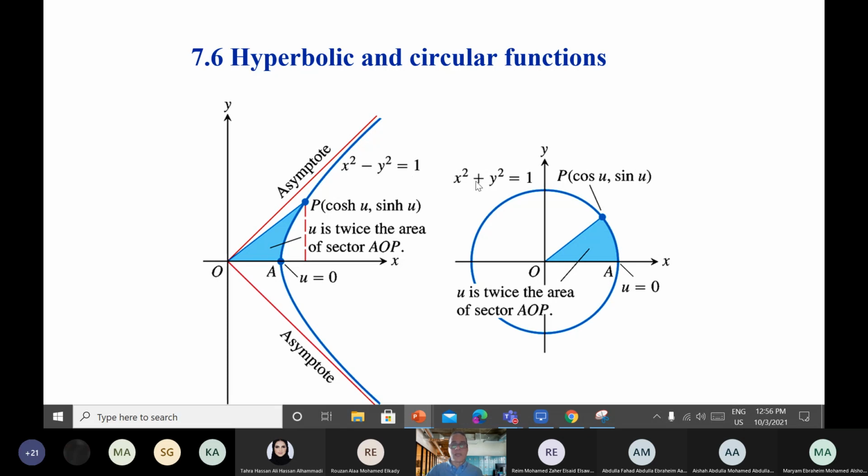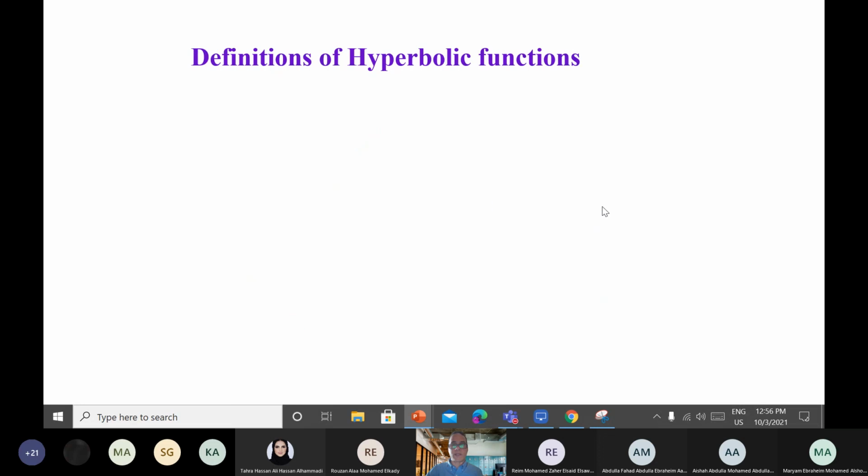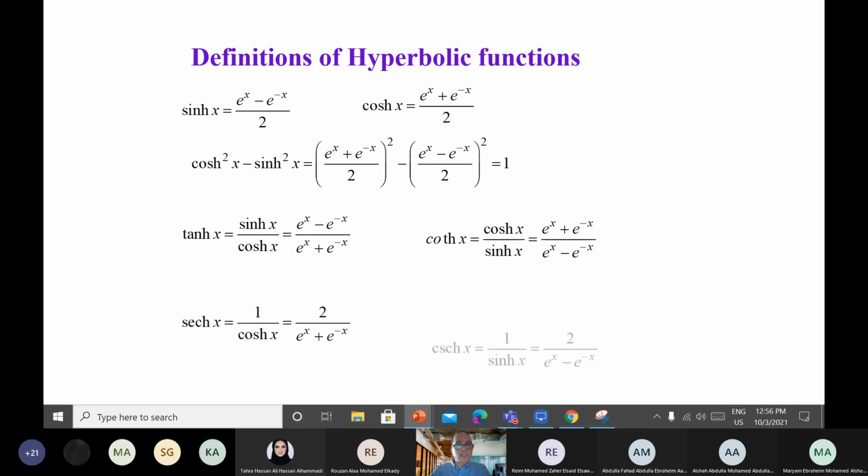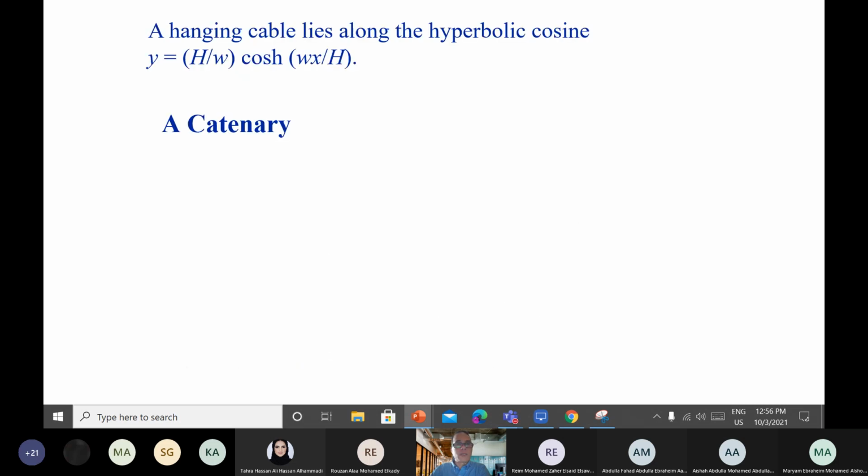But if you have the addition of the squares, you will have a circle. This is the definition of the hyperbolic. This is a proof of cosh square minus sinh square equal to 1. This is the tangent definition, this is the cotangent definition, this is the sech, and this is the cosech.